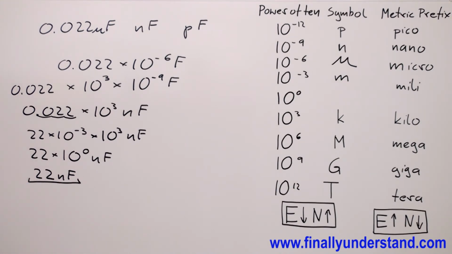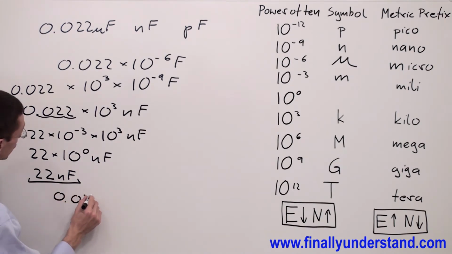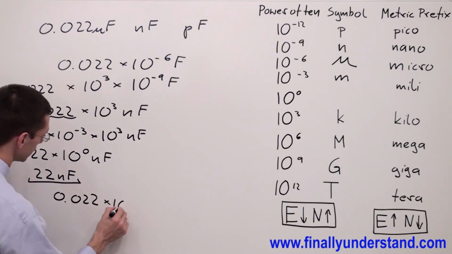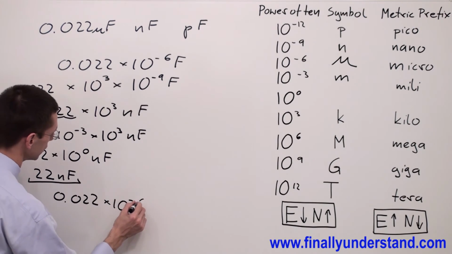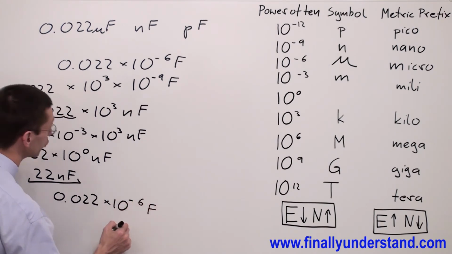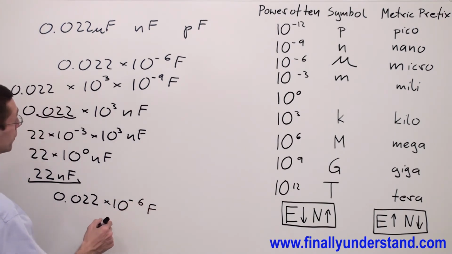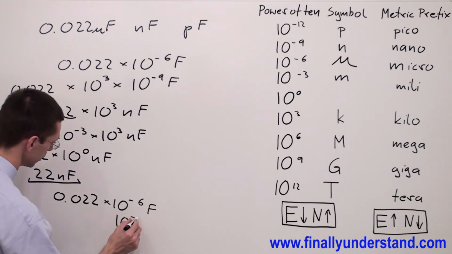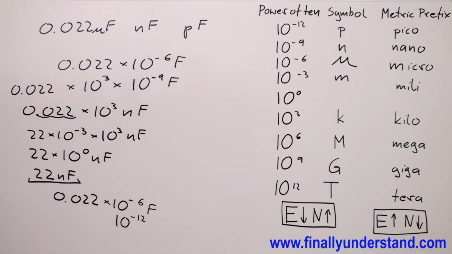Now let's take a look at the second part of the example. Again, I'm going to start from 0.022 times 10 to negative 6 farads, and I'm supposed to convert this to 10 to negative 12 pico.